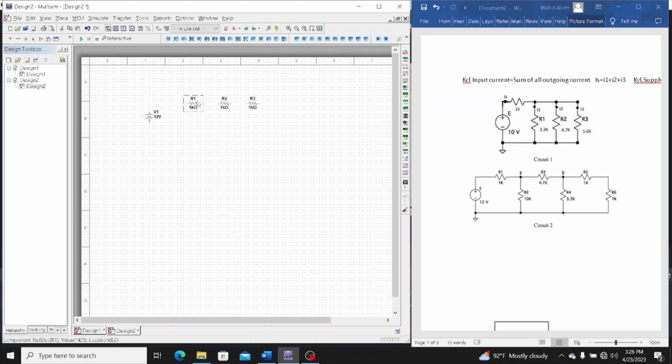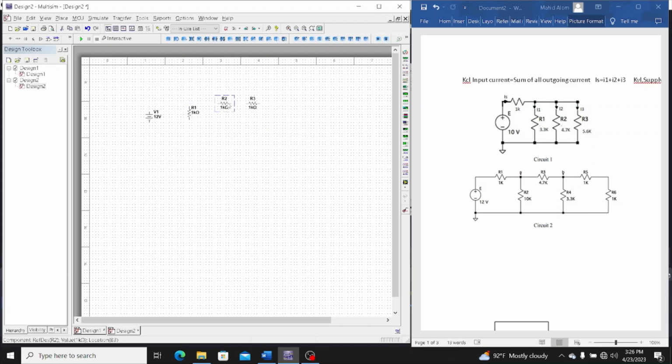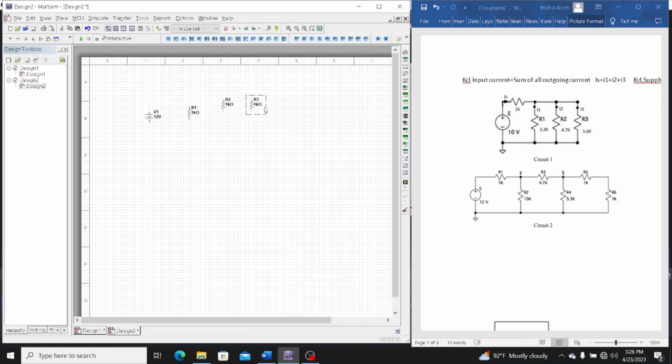Now I have to flip or rotate it, then the second one, then the third one. Then I need some wire to connect.